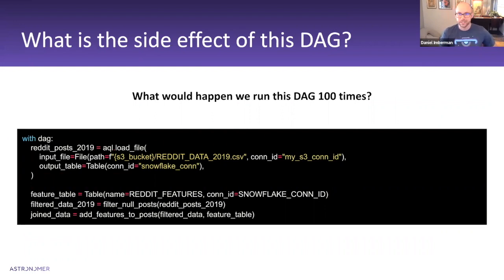One thing you'll notice in this DAG is that you only need to name the connection once, which is a huge benefit of Astro SDK versus traditional Airflow, where you have to put the same connection ID over and over and over.